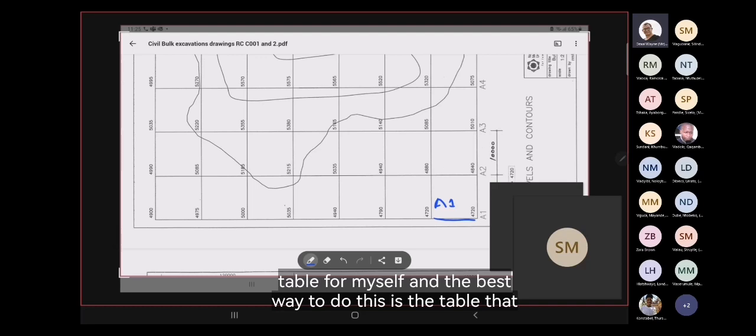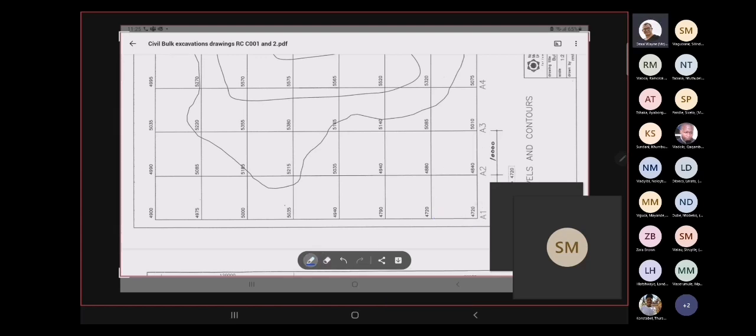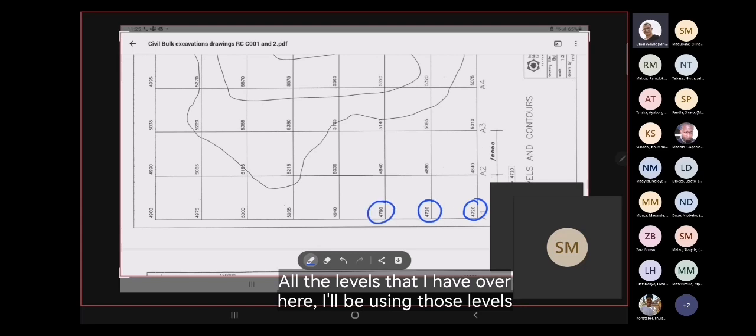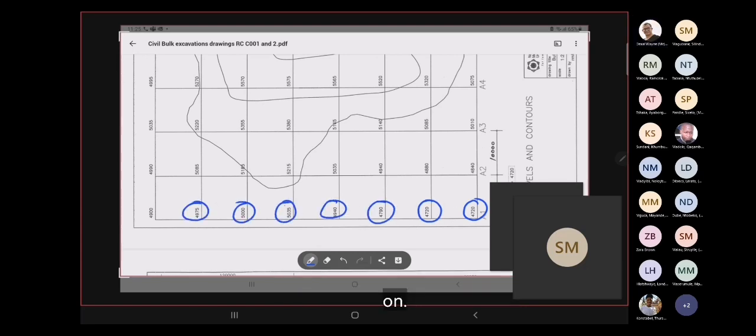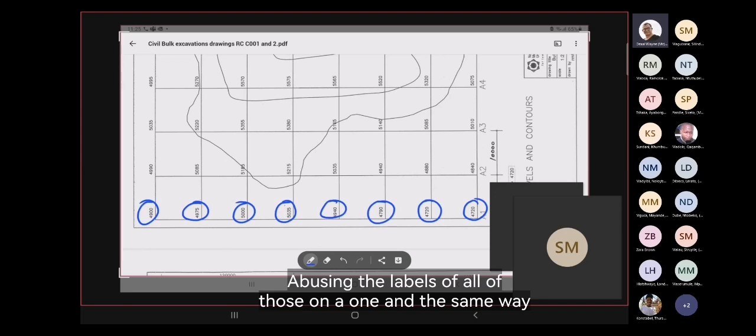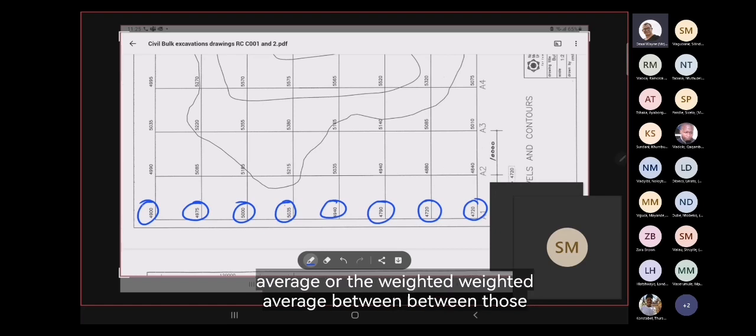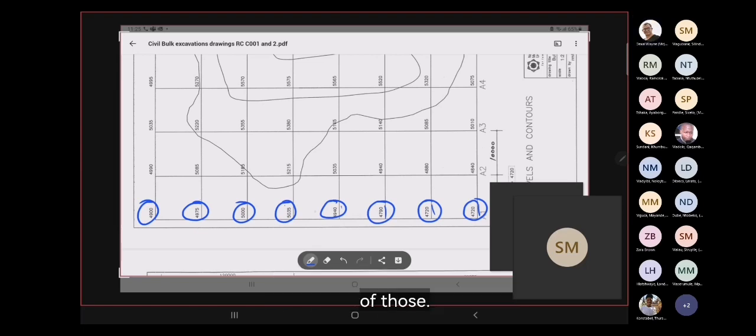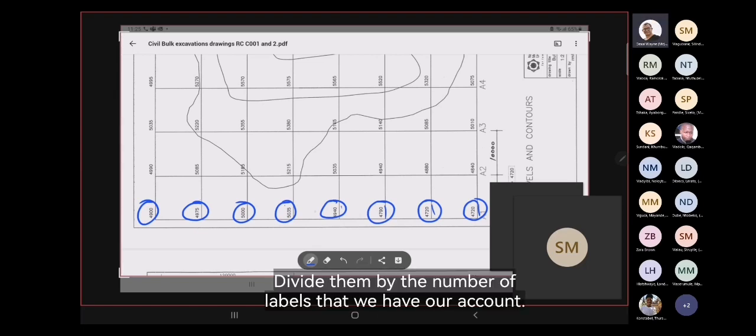The best way to do this is the table that I'll be drawing for all the levels that I have over here. I'll be using the levels of all of those on A1, and the same way in which we did the weighting, where we would determine the average or the weighted average between those points. We would add 4,720, 4,720, add all of those, and divide them by the number of levels that we have.